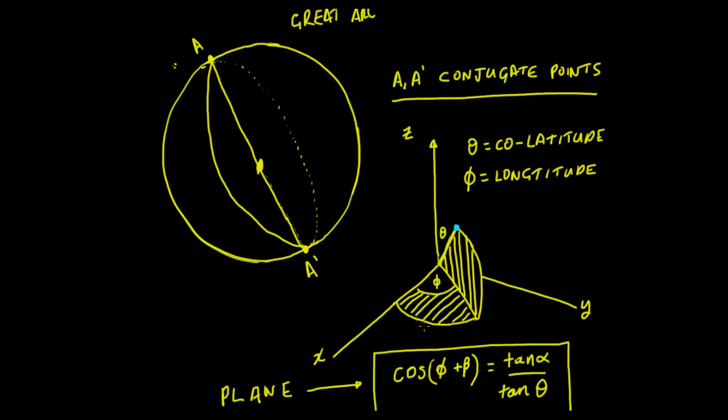So you travel around here until you hit that point by an angle of phi, and then you would travel up until you hit this point here, and we have another angle there, theta. The angle phi is going to give you the longitude, and the angle theta is going to give you the co-latitude. So it's not quite the latitude, it's actually 90 minus the latitude. That's the angle theta.